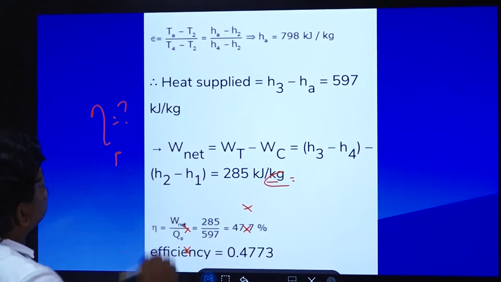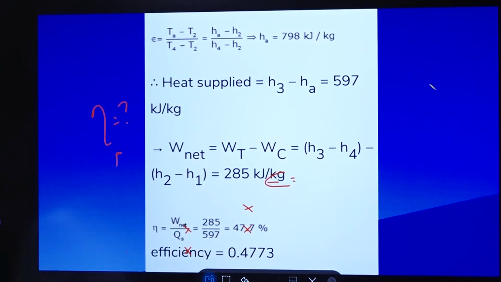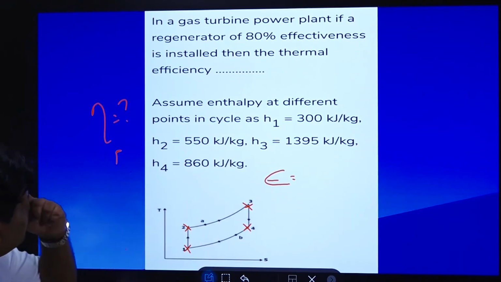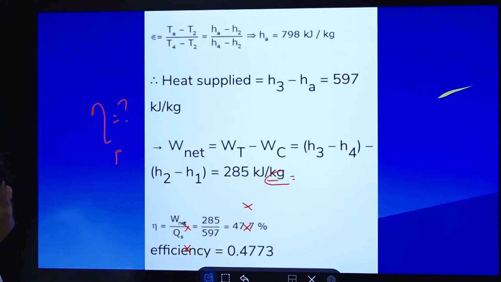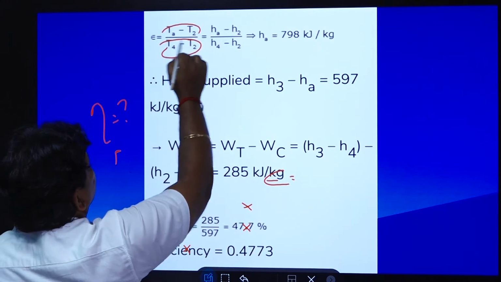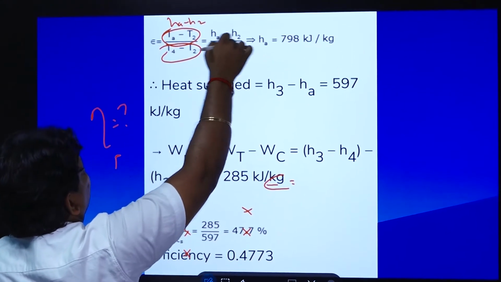When you go to this diagram, you can see A and B. So the effectiveness is TA minus T2 divided by T4 minus T2, that is, HA minus H2 by H4 minus H2.